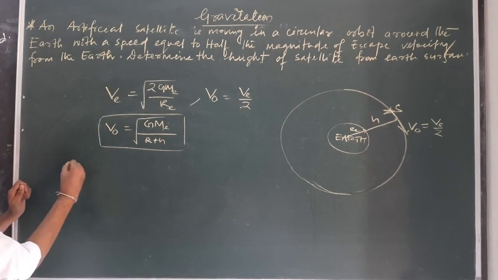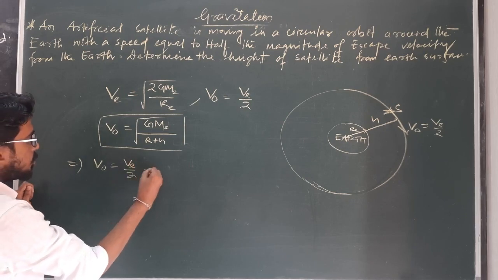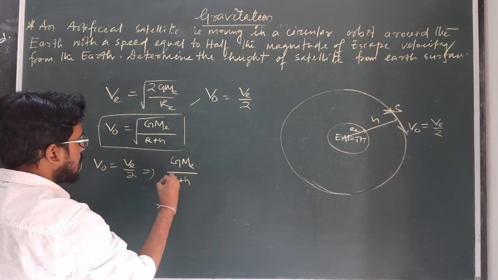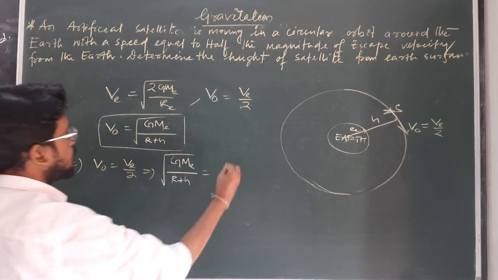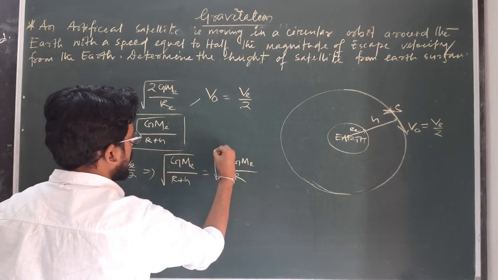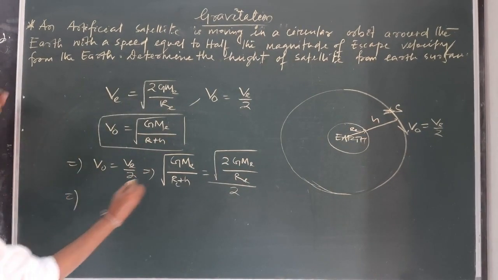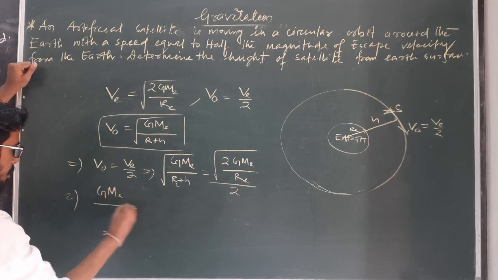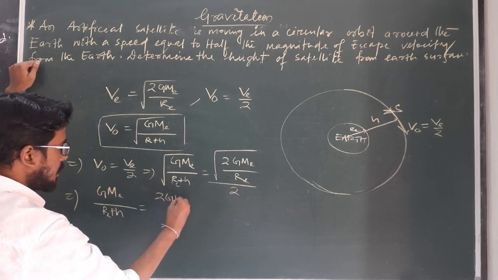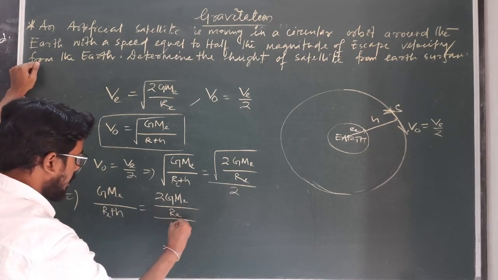So this implies we will get what? v0 is equal to v escape by 2. So you can write under root of GMe by (Re plus h) is equivalent to under root of 2GMe by Re, divided by 2. So squaring both sides, we get GMe divided by (Re plus h) is equivalent to 2GMe divided by Re, whole divided by 4.